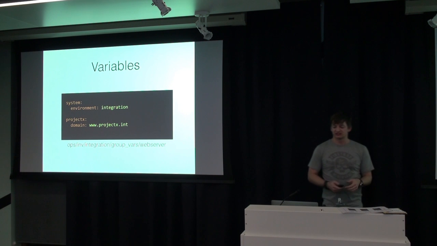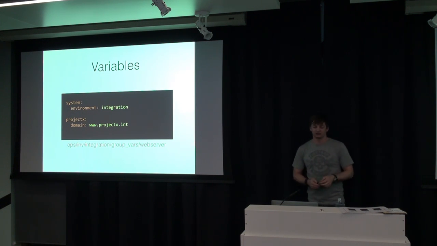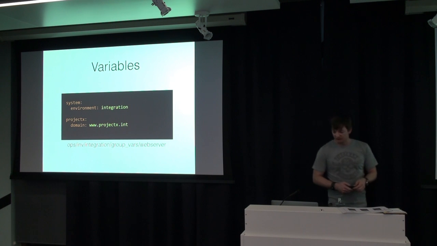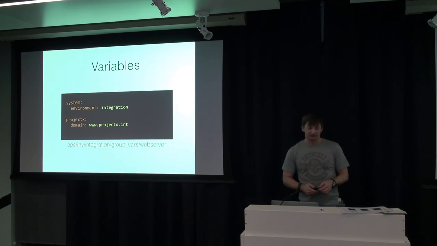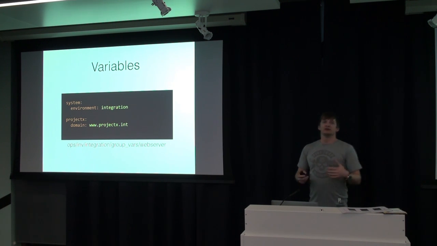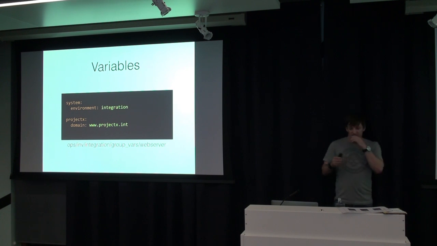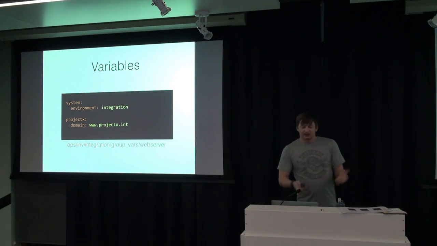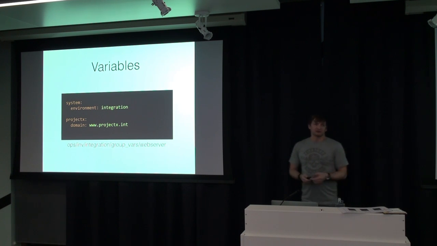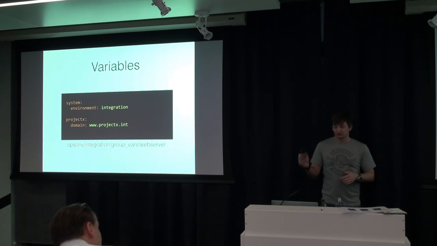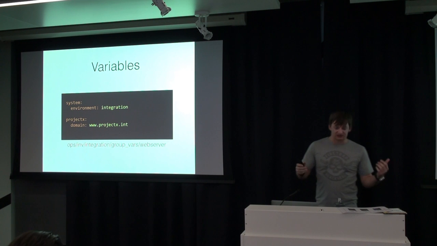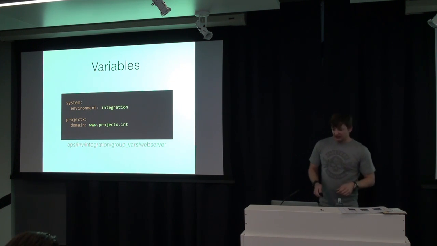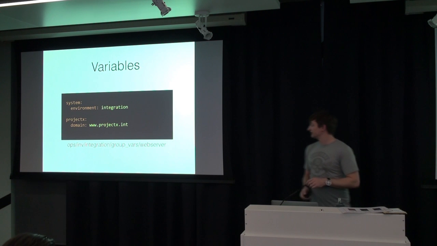In this case, we use a system environment variable. We're using integration and the domain. So it's in this case www.projectx.int. So if you would imagine you're using a production inventory, this system environment would also state production, and the domain would be the .de or .com address. So okay, we're done with our inventory.